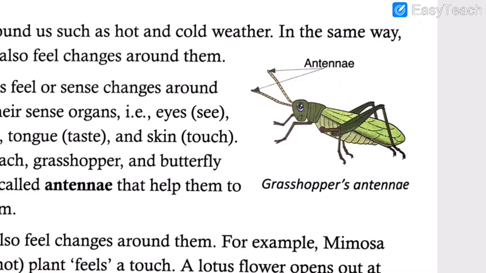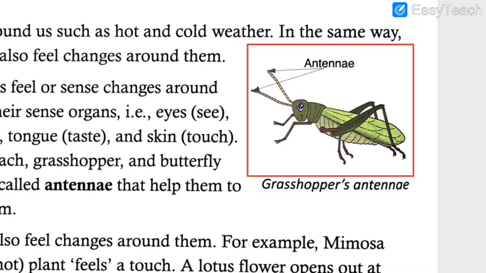If you have seen cockroaches, you might have seen these antennas on top of their heads. I am very sure all of you have seen cockroaches at least once in your life. They have these antennas just to feel the changes around them.